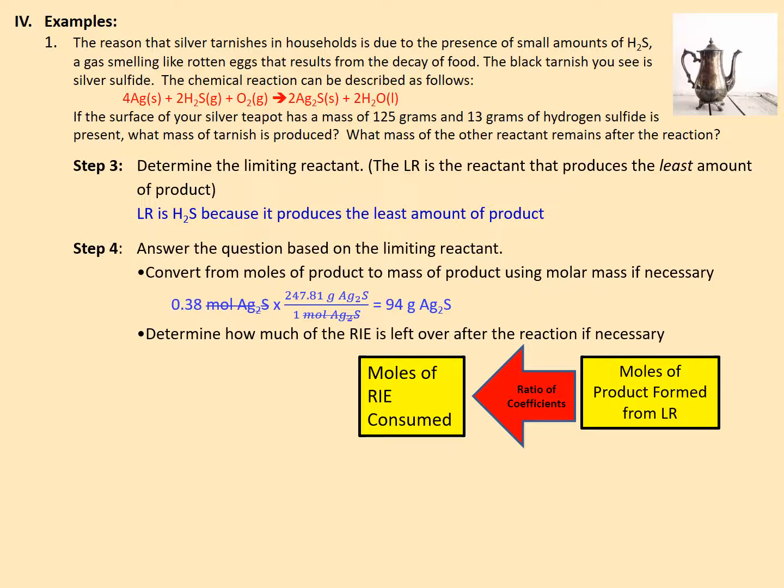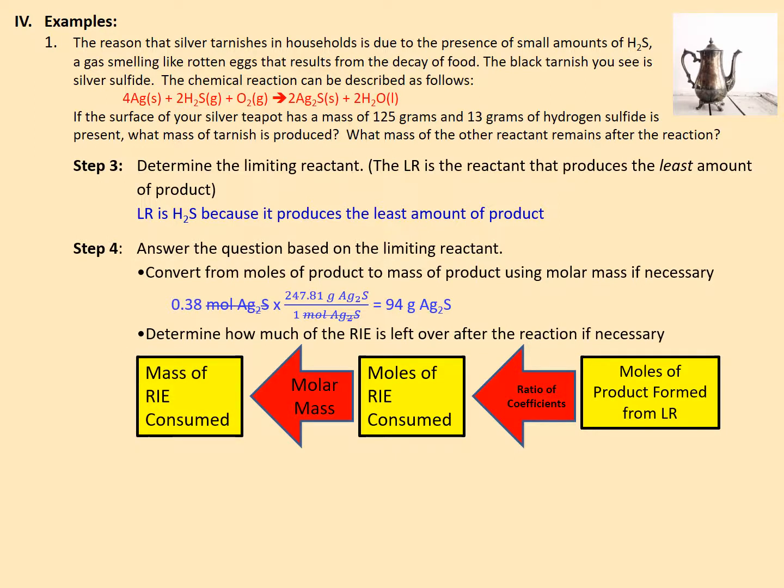And of course, once we know how many moles of silver was used up, we can use the molar mass to convert that into grams, to figure out how many grams of silver was consumed in the reaction. So although I wrote the flow chart from right to left, when we perform a calculation, we typically work left to right, at least in this country.